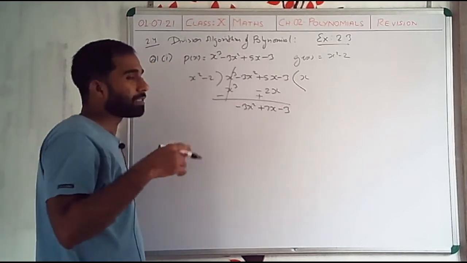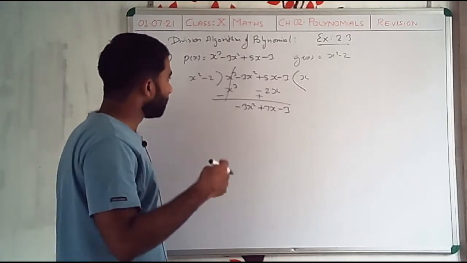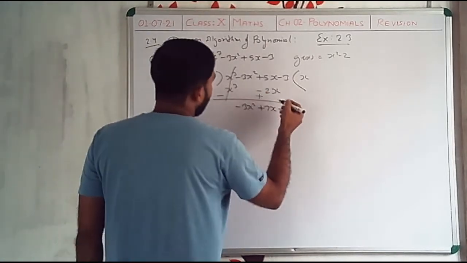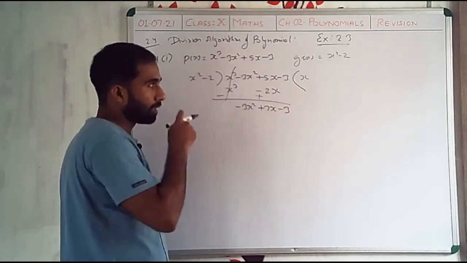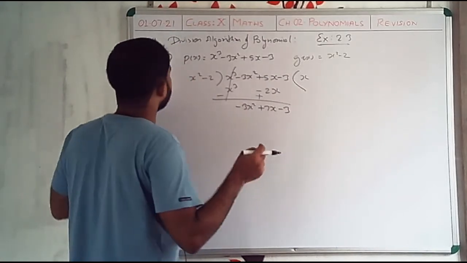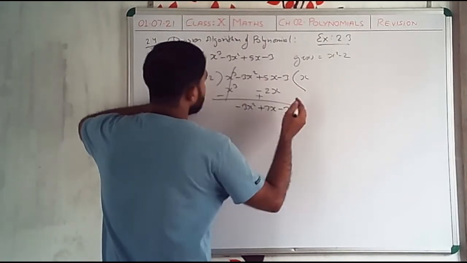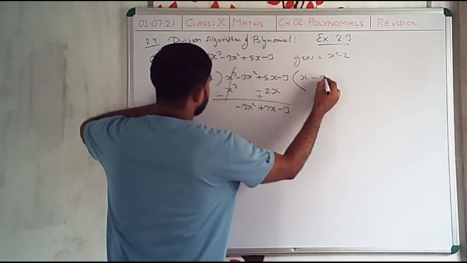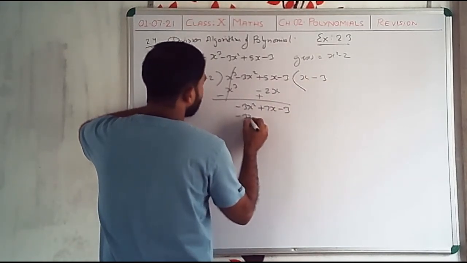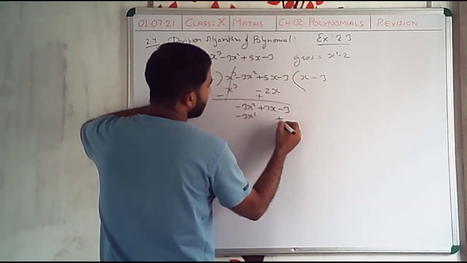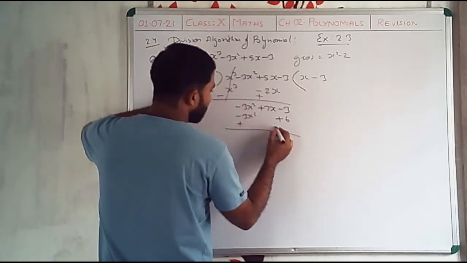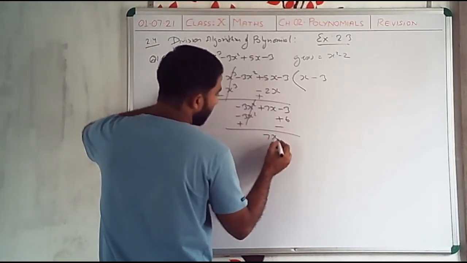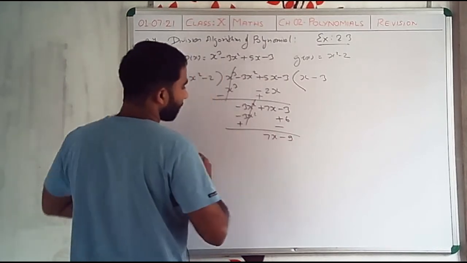Now the same procedure will be repeated until the quotient and remainder are found. So here minus 3, so minus 3x square and plus 6. Now change the sign, then you will get 7x minus 9.